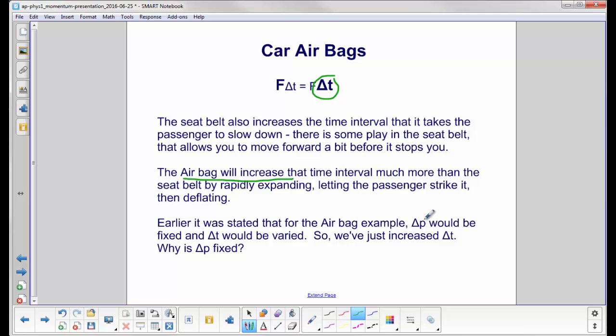Earlier we stated that delta P for this example, for the car airbag, would be fixed and delta T would be varied. Well, we just talked about why delta T is varied. Why is delta P fixed?